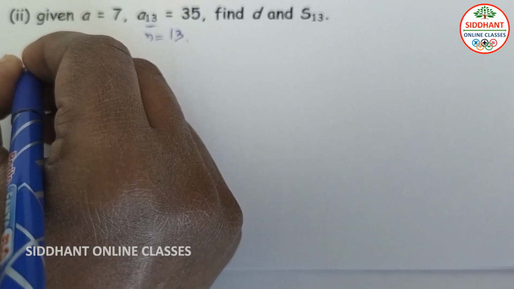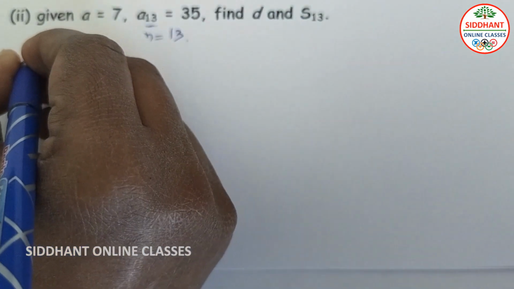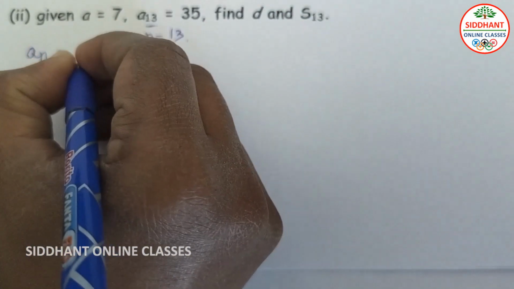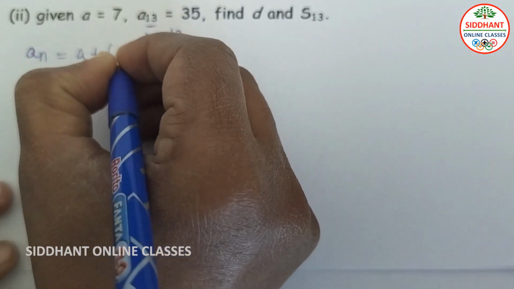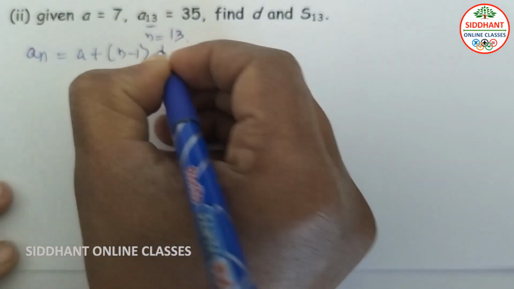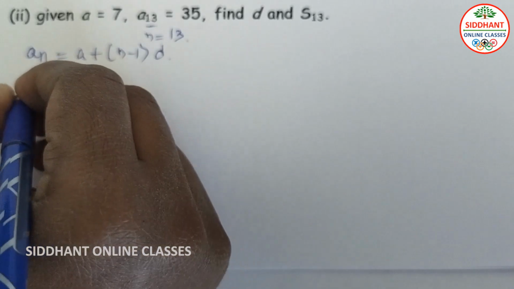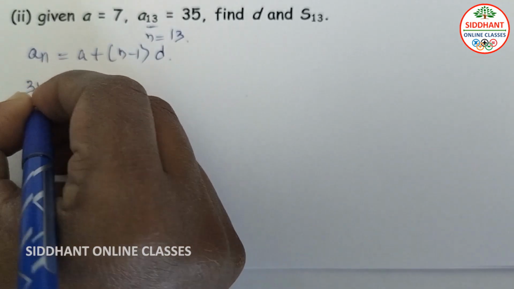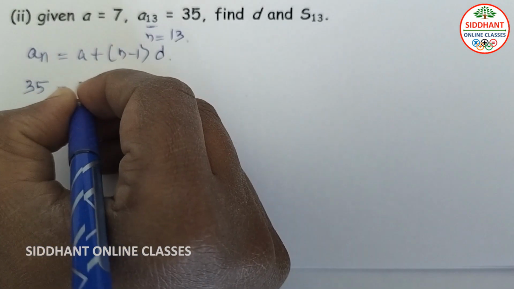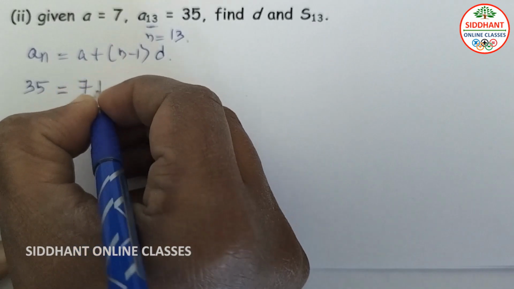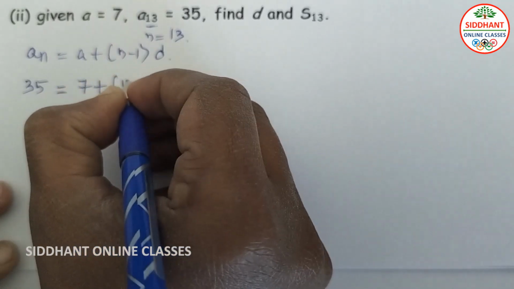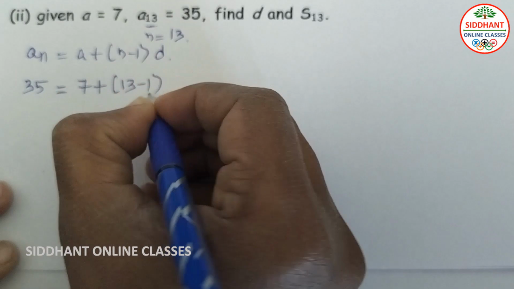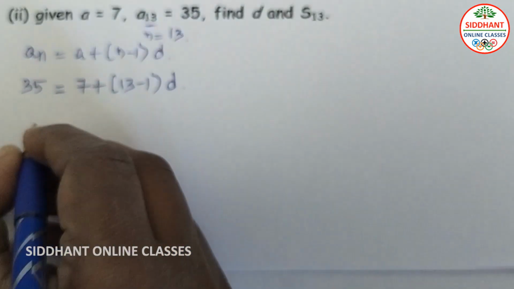First we find d, that is an equals a plus n minus 1 d. So an is 35, that equals a, which is 7, plus n minus 1, where n is 13, times d.